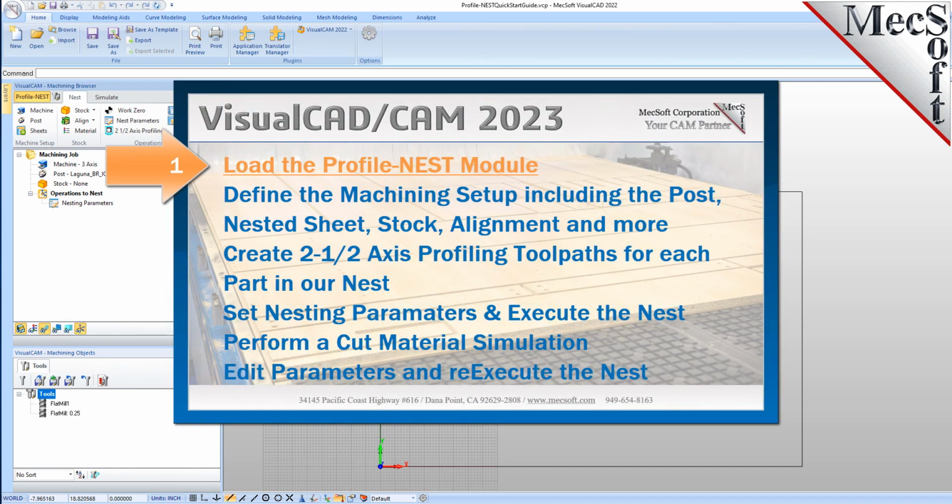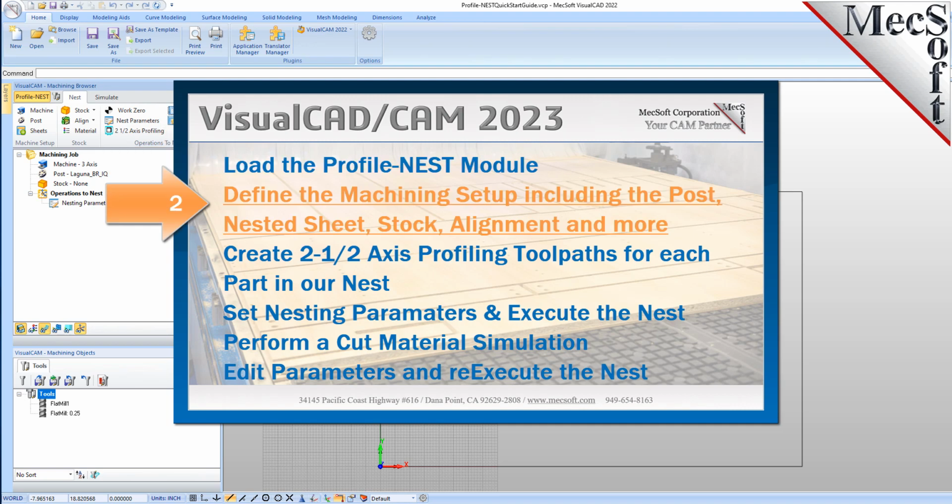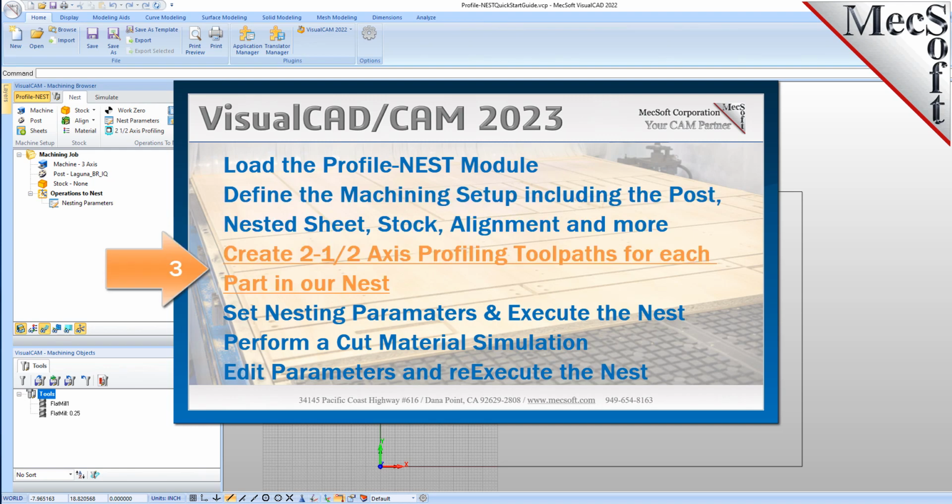First, before we get started, let's review what we're going to do in this video. First, we're going to load the Profile Nest module. We will define the machine setup, including the post, nested sheet stock, alignment, and more. And we'll also create our 2.5 axis profiling toolpaths for each of the parts that we want in our nest.